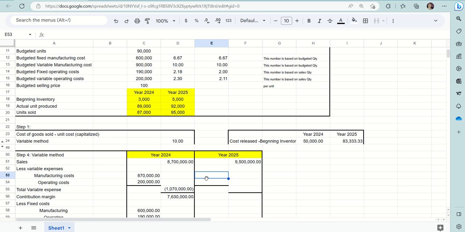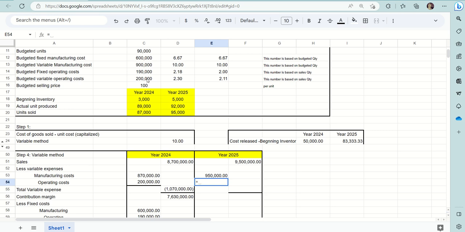So now we're going to multiply this 95,000 by the manufacturing costs, which is the variable $10 right there. We also found it here as well. You can see that right there. You could take this cell or you could take this cell, whichever you like. Same. So that gave us 950,000, and we would have our operating expense.